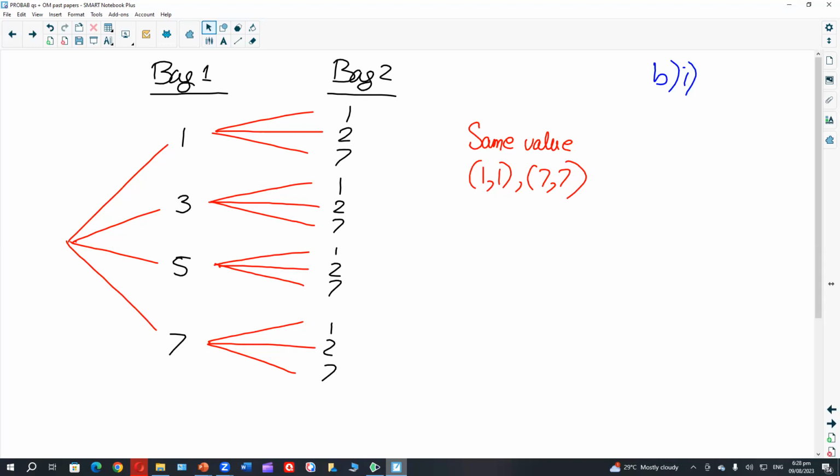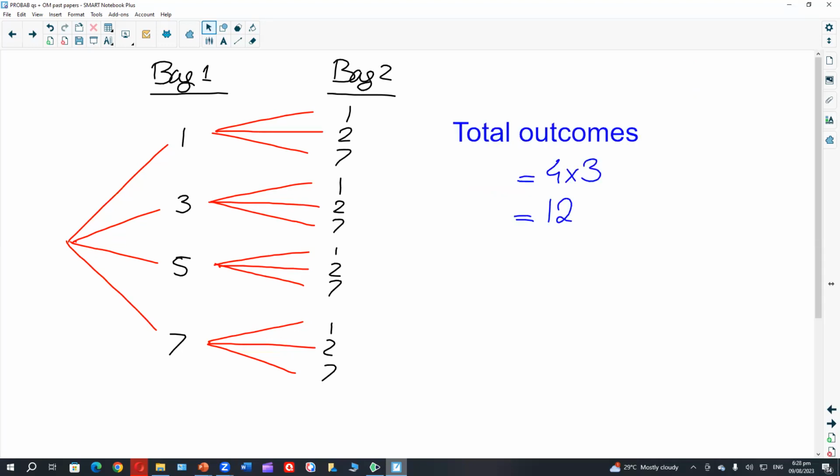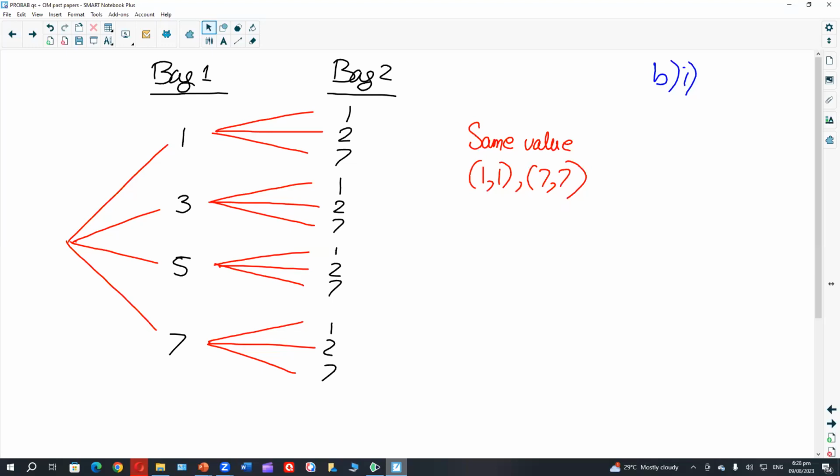How many pairs are there? Please count again. How many brackets are there? Bracket means pair, means 2 things.